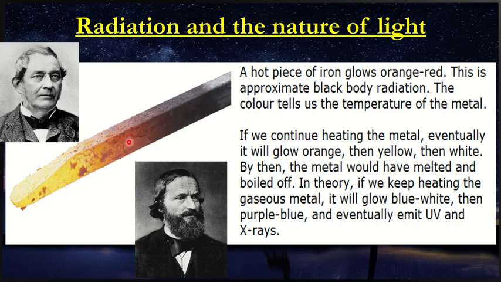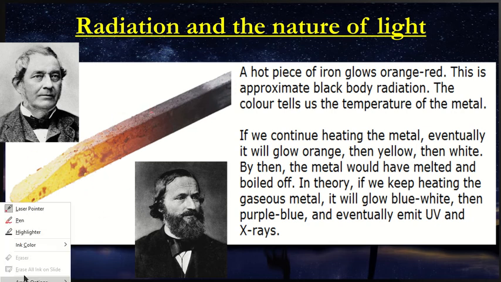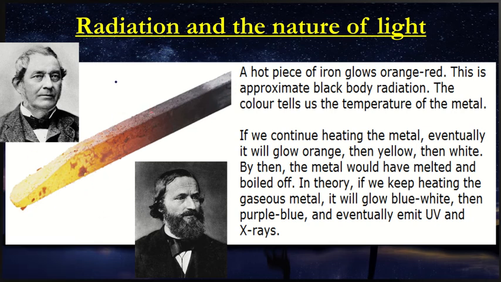Bunsen and Kirchhoff also found that at high temperatures, it doesn't really matter what the chemical composition of the element is. At high T, the color doesn't really match the chemical composition anymore, which is something we talked about.